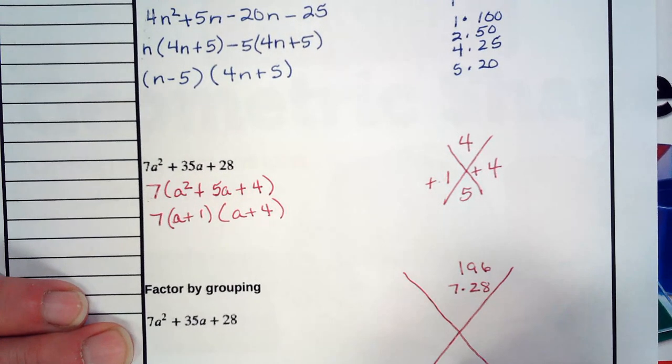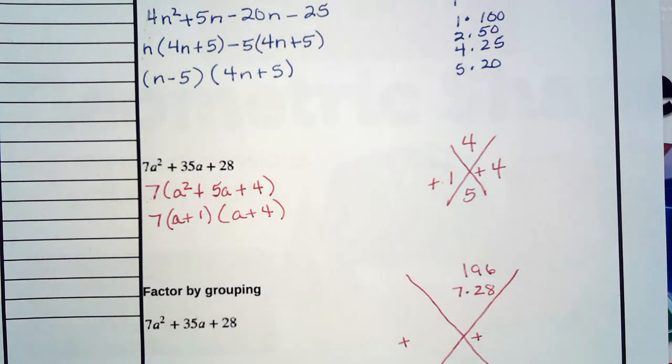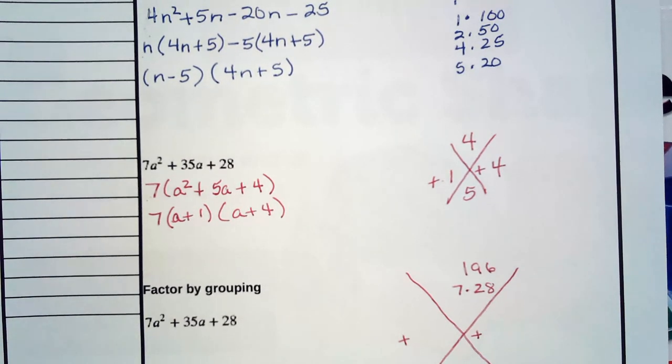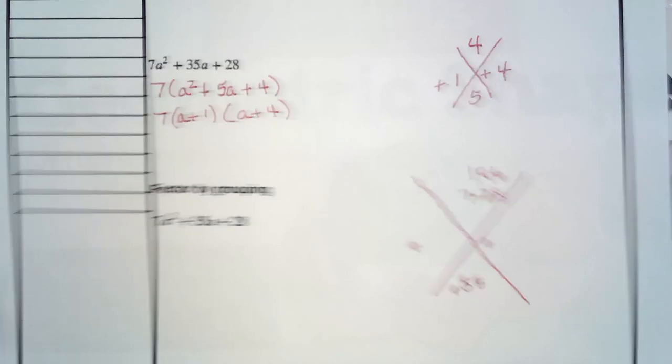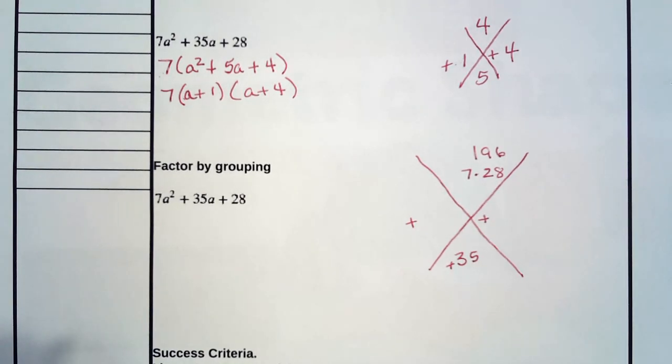And then we'll have 35 down here. Both of them are positive. What are my factors of 196 that add up to 35? That's the question.